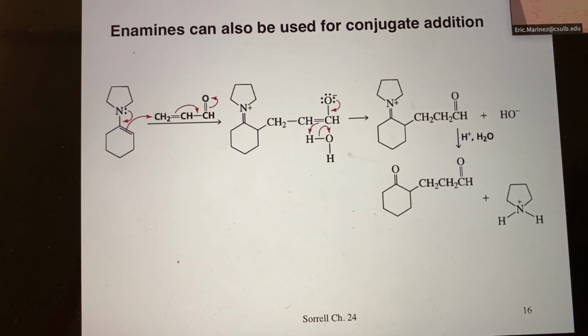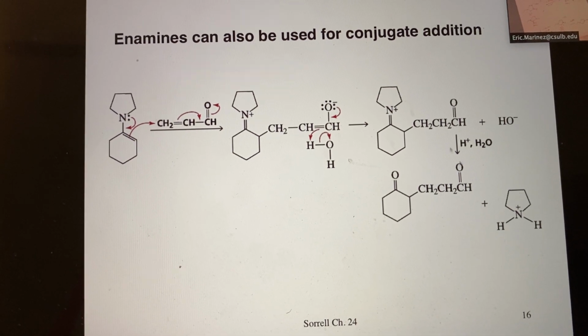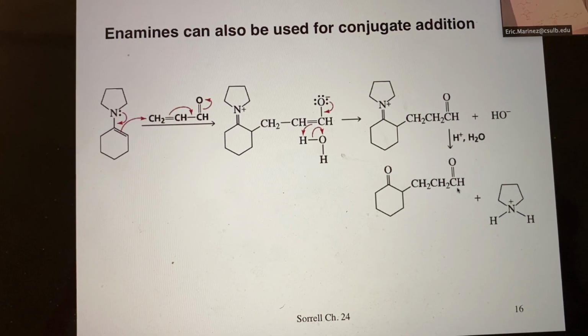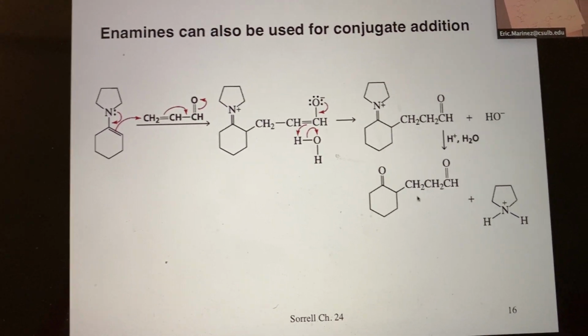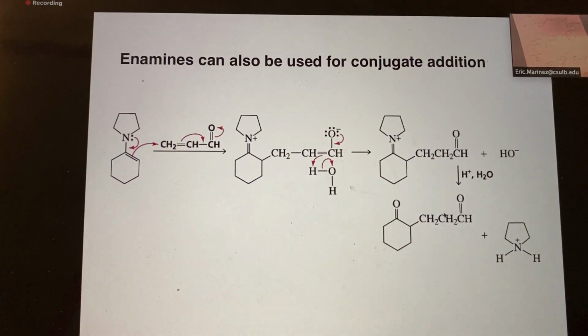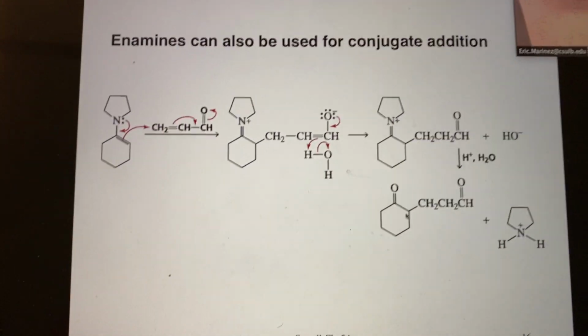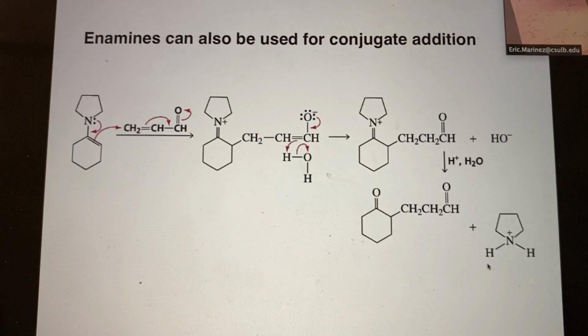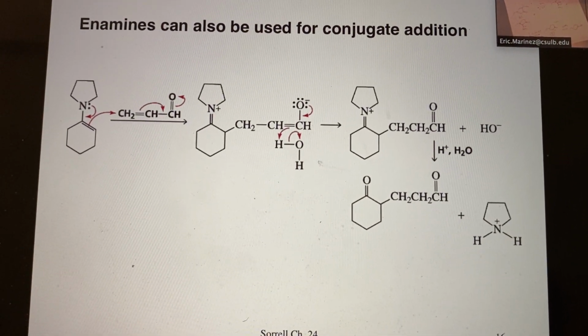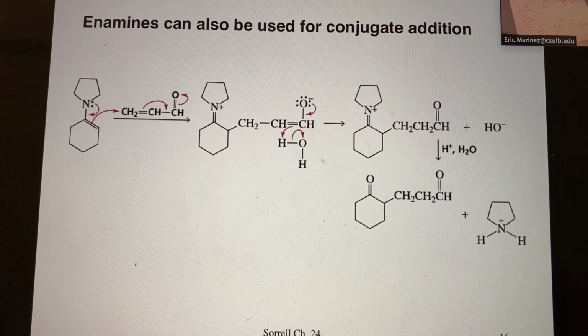So in the end, I'm able to form this type of system that is both an aldehyde and a ketone. This is alpha, beta, gamma, delta. This is a delta-keto aldehyde. Again, it's just an example that enamines will also do conjugate addition.